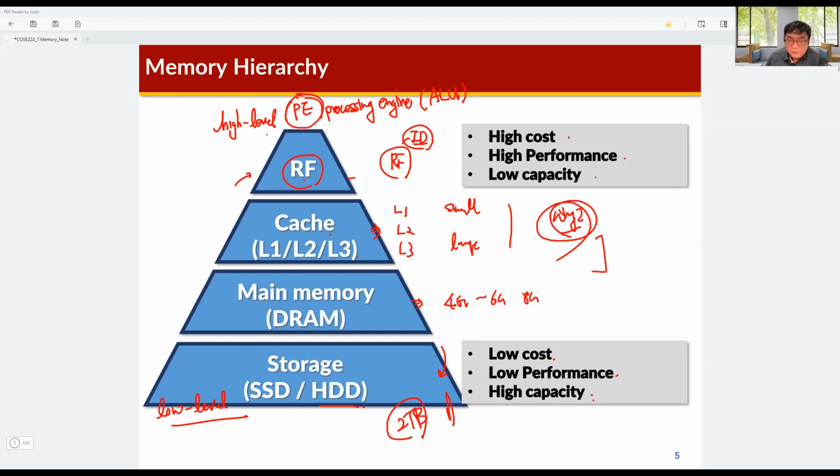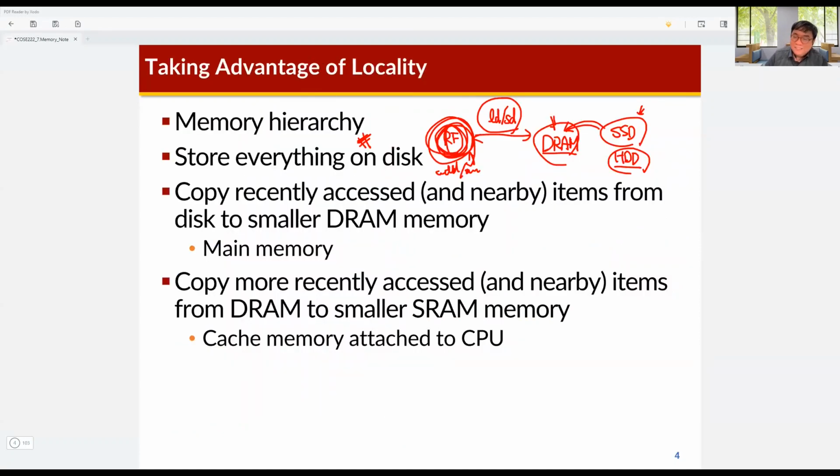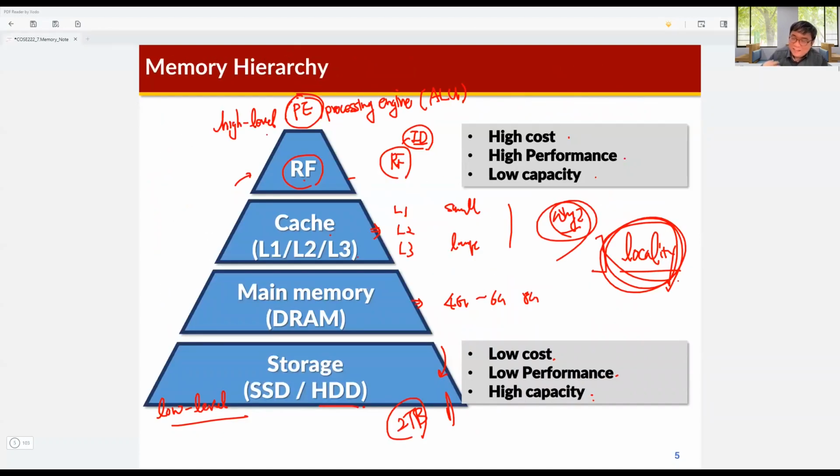It's because we can make use of locality. In the previous slide, I explained the locality observed in normal applications. That means that data will be reused, or neighbor data will be referenced, in the near future.